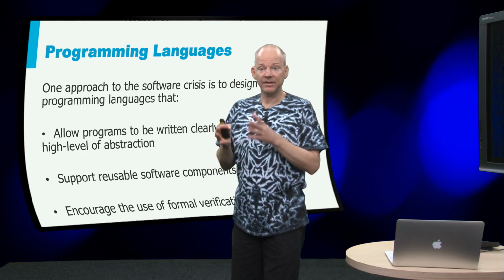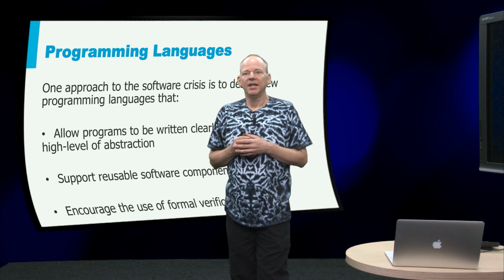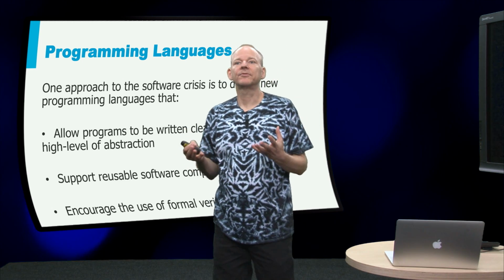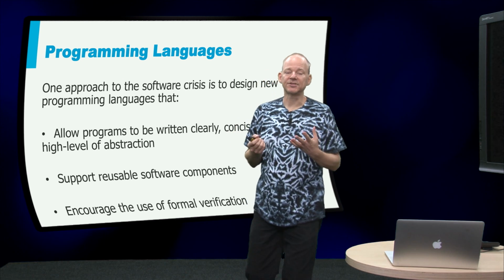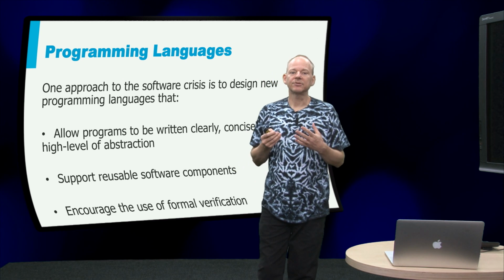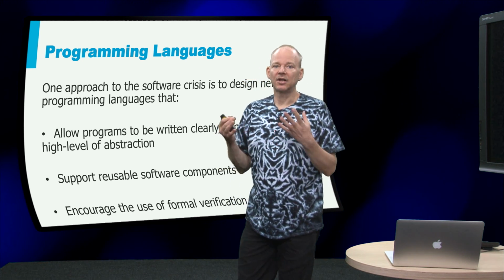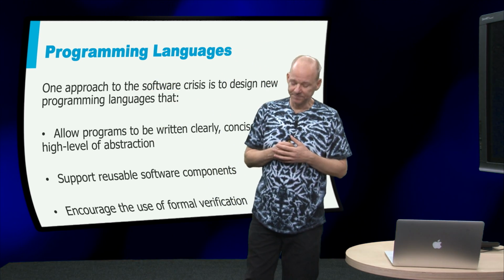One way to do that, and we see this now in all modern programming languages, is to add features to our languages that allow programs to be written clearly, concisely, and at a high level of abstraction. And the techniques that we use in these modern languages are all based on functional programming. These techniques are all based on concepts from the lambda calculus.